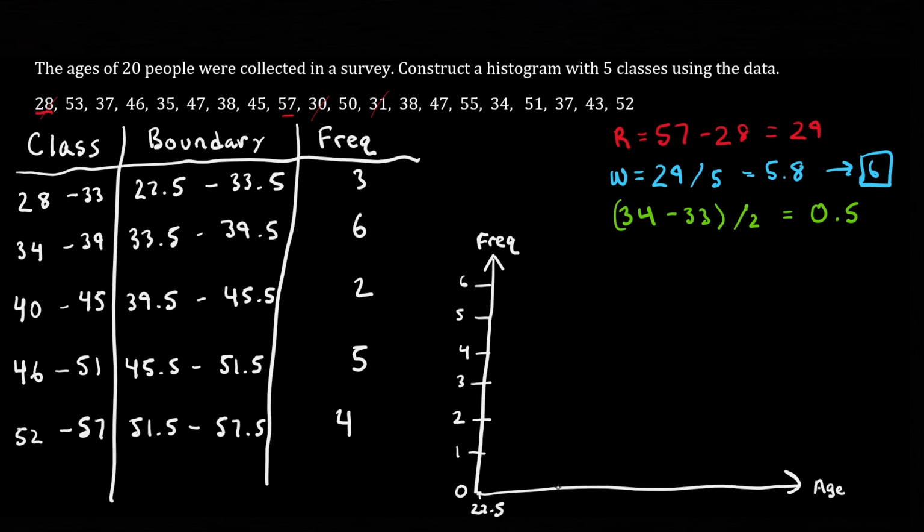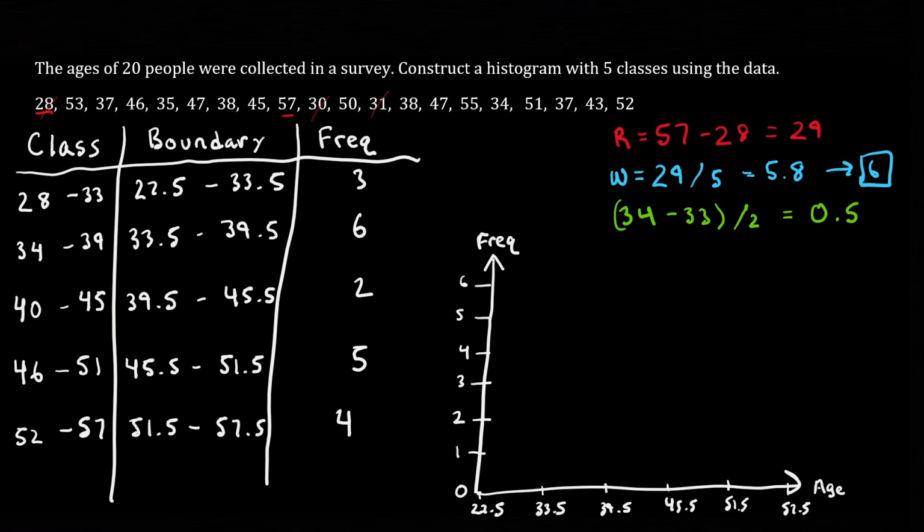And that goes to 33.5. And that goes to 39.5. Then the next class goes to 45.5. The next one goes to 51.5. And the last class ends at 57.5.